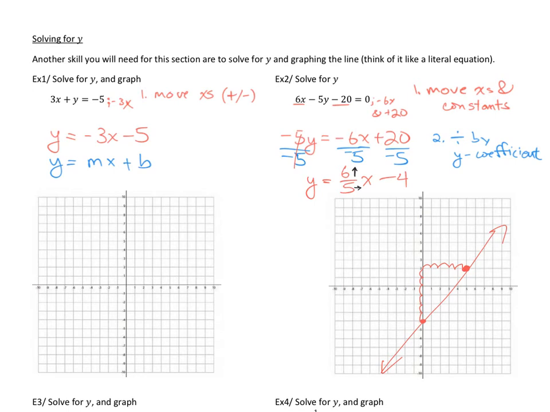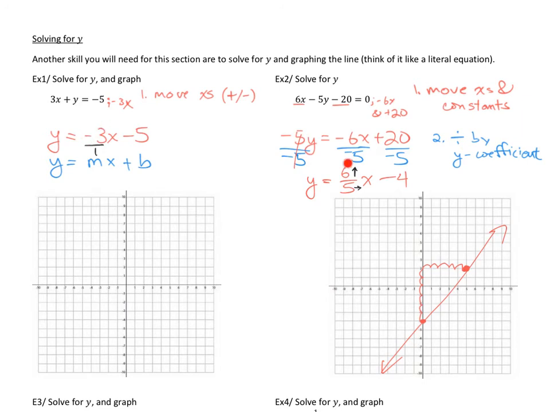Now if we come back here and look at example 1, a couple things. You'll notice that the slope here is not a fraction. Well, that's all right. You can always turn any number into a fraction if you put it over 1. The next thing you may notice is that the slope is negative. Right here, this negative 3.